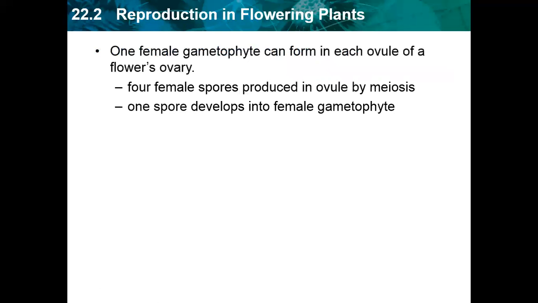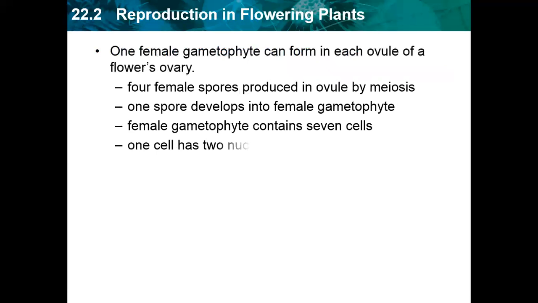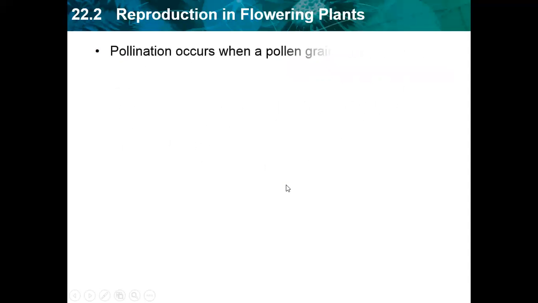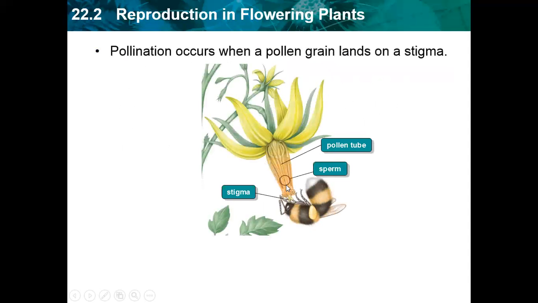One spore develops into the female gametophyte, and the female gametophyte would have 7 cells in it. One cell will have 2 nuclei, or polar nuclei. One of the cells will develop into an egg, which will later be fertilized by the pollen grain, which is from the male gametophyte.